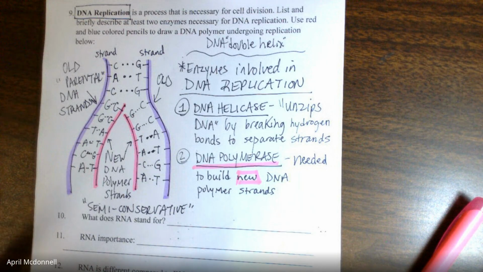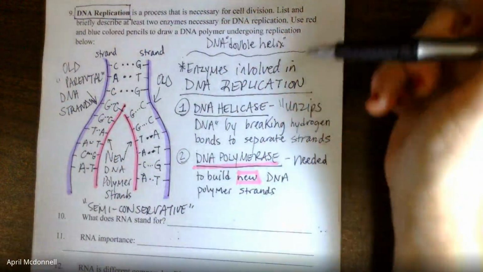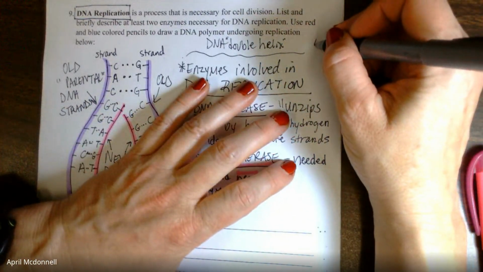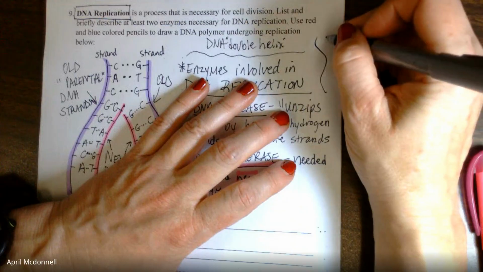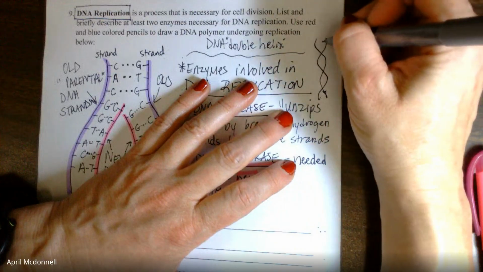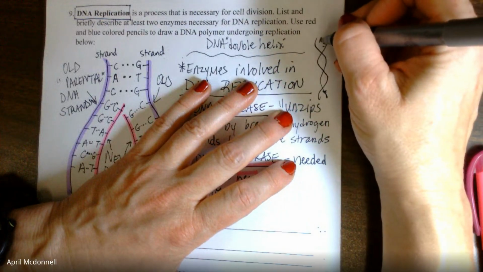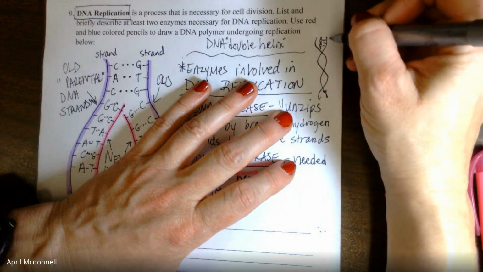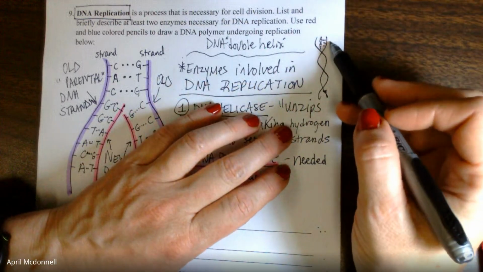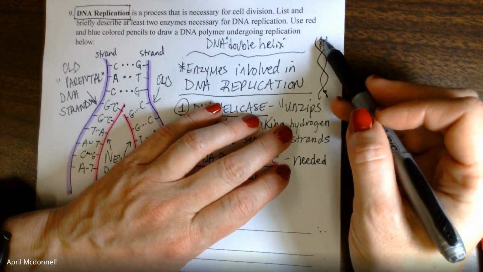So again, just to review, DNA kind of looks like a double-stranded molecule where there are bases. There's a specific base sequence on both strands, and those base sequences are complementary to each other.